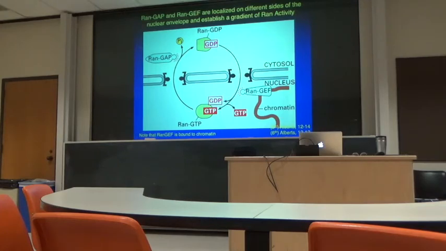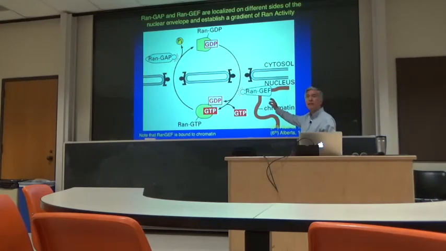Just as the key for why you bud COPII vesicles only from the endoplasmic reticulum was that the GEF for SAR1 exists only in the membrane of the endoplasmic reticulum, and therefore you activate SAR1 only in the membrane of the endoplasmic reticulum. The same thing applies here.